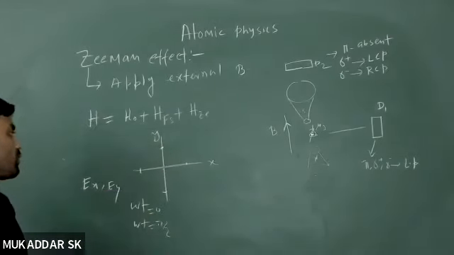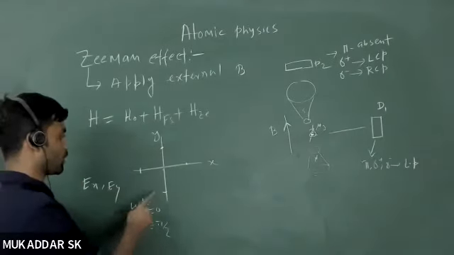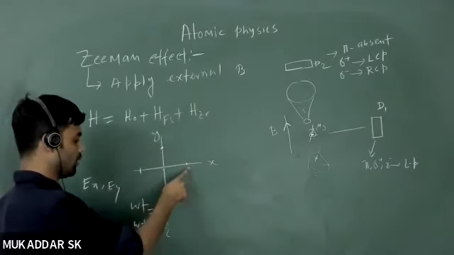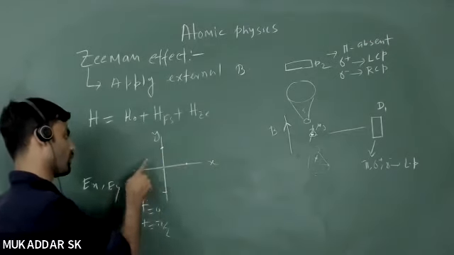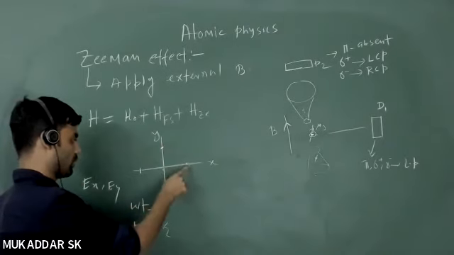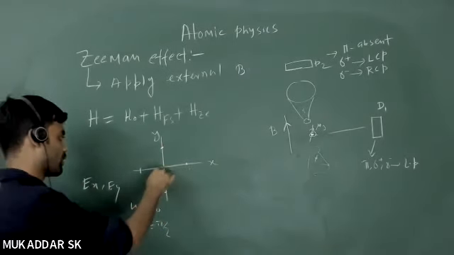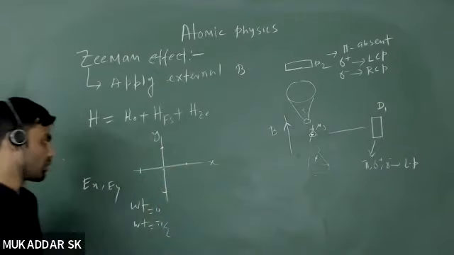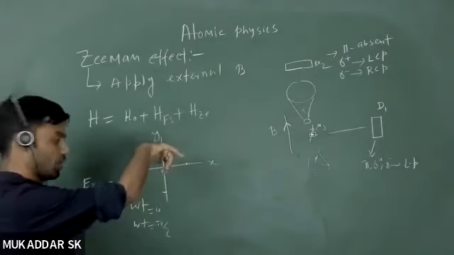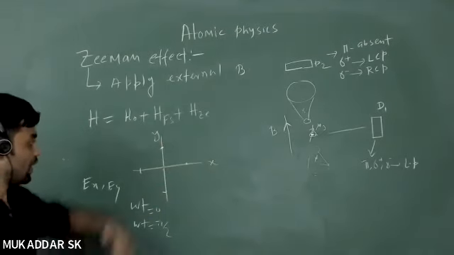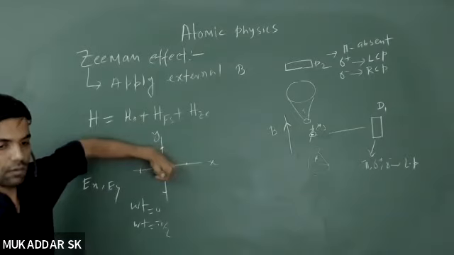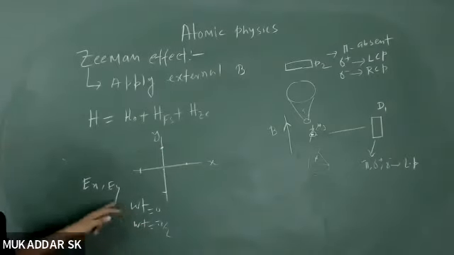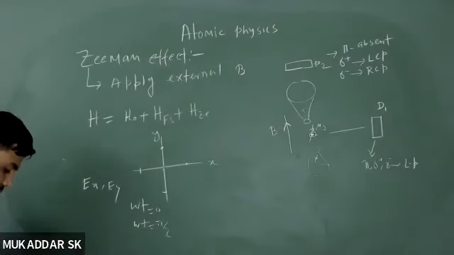Now if the opposite happens, suppose at omega t equals 0 you get the X component, but at pi by 2 you get the negative Y component, and after some time you get here, and here. So the rotation goes the other way, and the direction of propagation is perpendicular to this. Then the right hand cannot give proper information, but the left hand clearly will. This is known as left circularly polarized light. So you have to plot the components at different times, then use the right hand thumb rule and the left hand thumb rule.